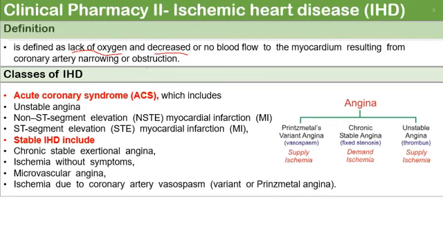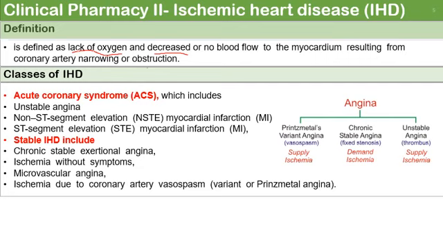In this diagram, we show the major classification of angina symptoms. Prinzmetal angina, due to vasospasm, is a supply ischemia. Chronic stable angina is one in which demand is greater than supply, due to fixed stenosis.